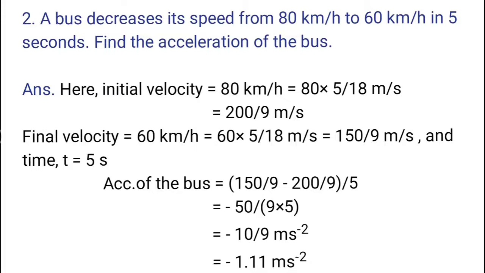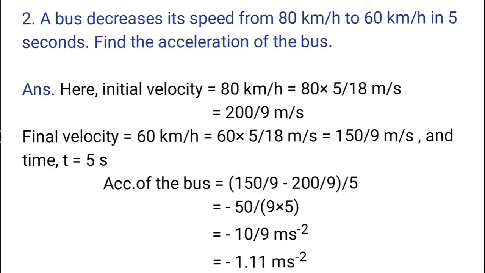Now we have the initial velocity and final velocity. So change in velocity is equal to final velocity minus initial velocity. It means 150 upon 9 minus 200 upon 9. That is the change in velocity. But acceleration is change in velocity upon the time taken for that change. So acceleration of the bus is equal to (150 upon 9 minus 200 upon 9) divided by time, that is 5.